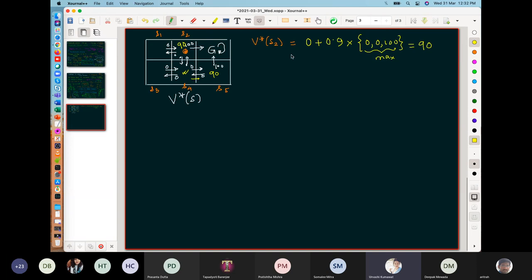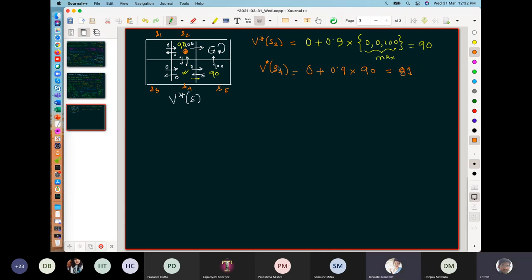It will be 0 plus 0.9 multiplied with the maximum of 90 and 90 and 0.